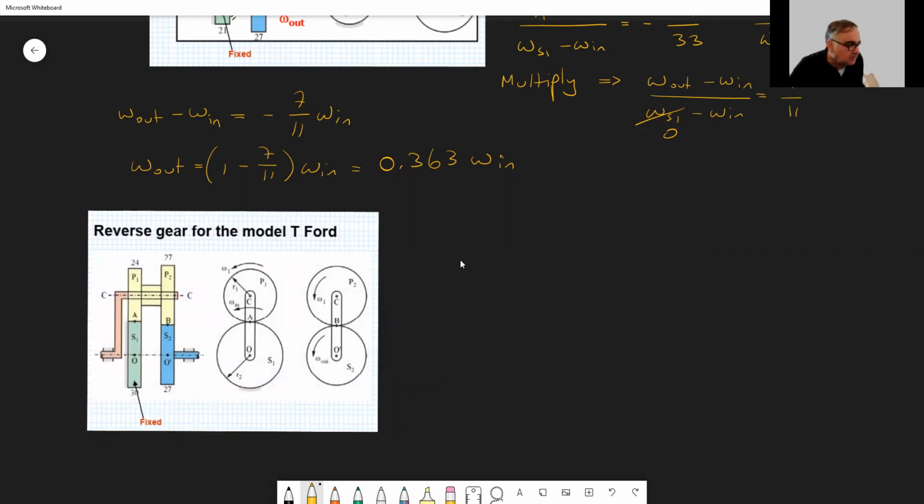It is kind of the same thing. Here again, input is here. The output is this shaft. So this is omega in, this is omega out. And as you see, these are the gears. And this S1 is fixed. Okay.